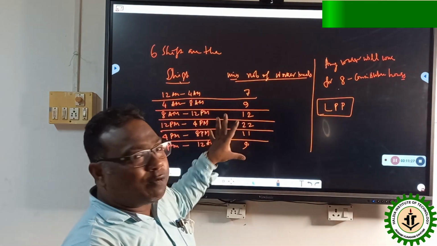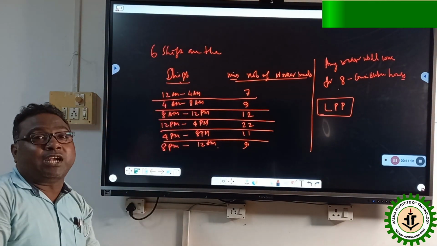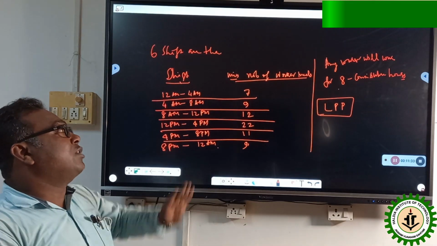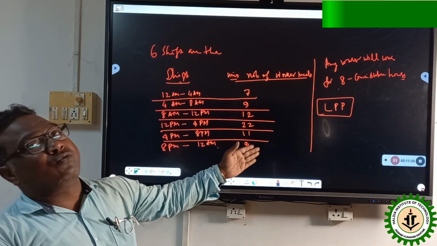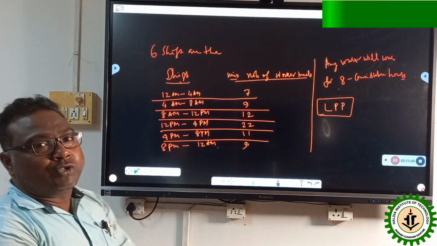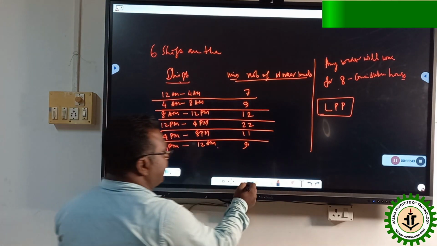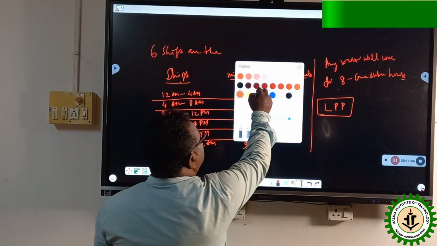The objective of this problem is to minimize the total number of workers, and for that we have to formulate first, and then we will go for the solution. So the question arises, how do we do this? For that, we follow these techniques.